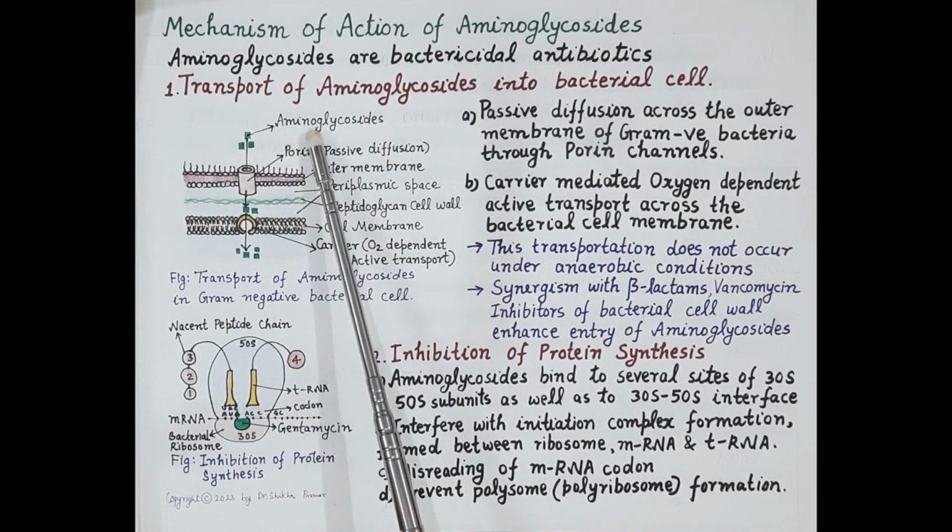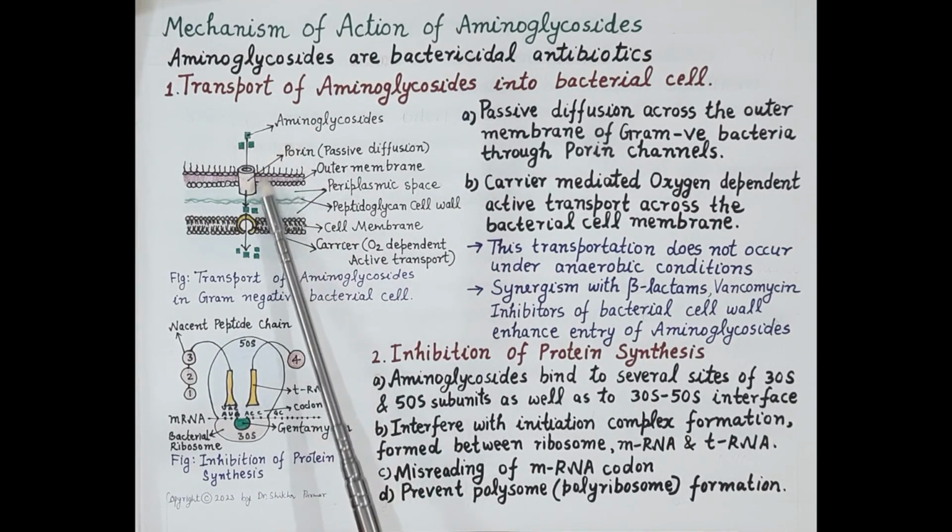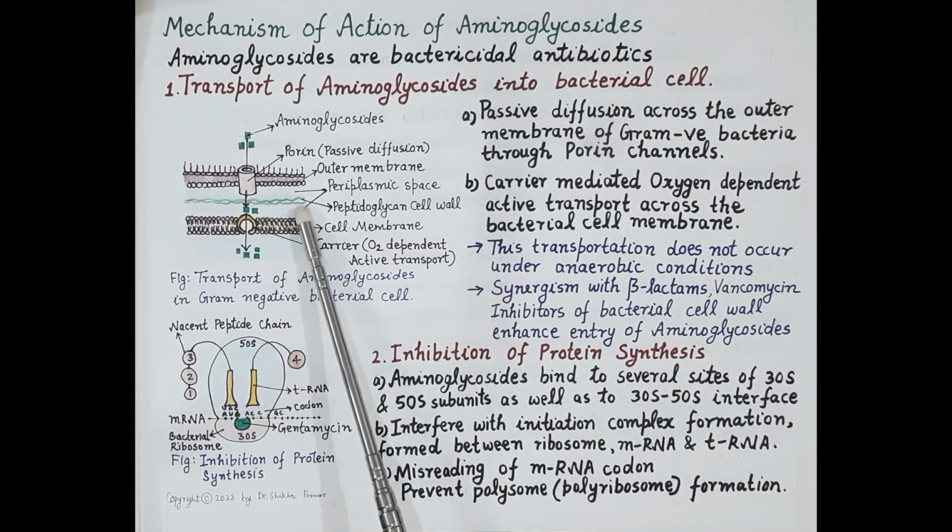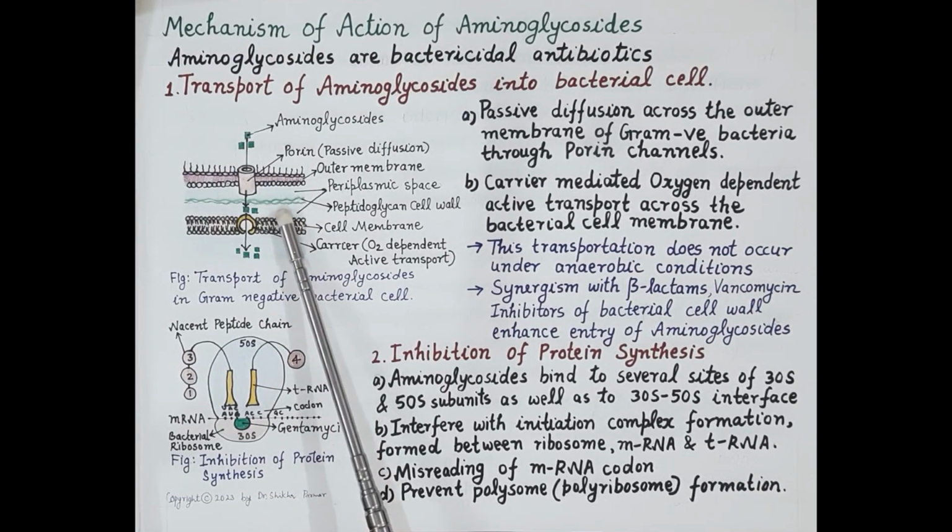Aminoglycosides pass through the outer membrane by passive diffusion. They pass through the porin channels and they reach the periplasmic space.